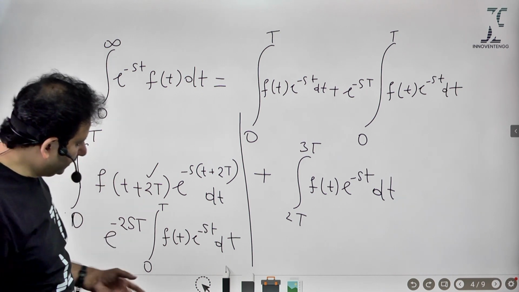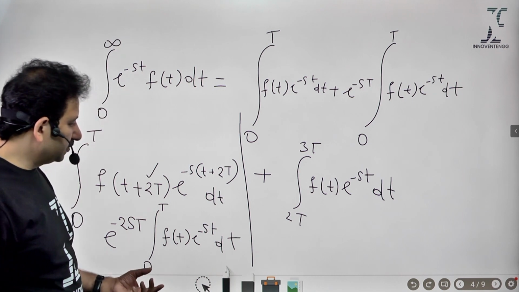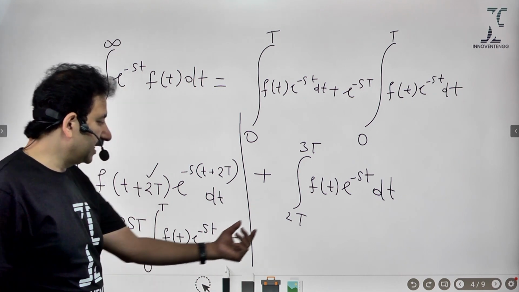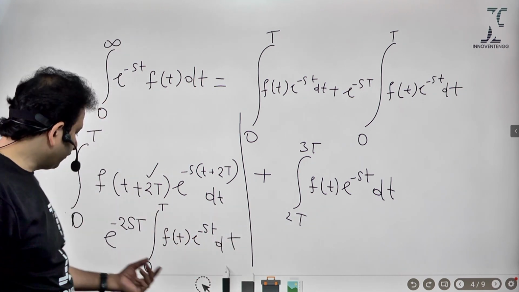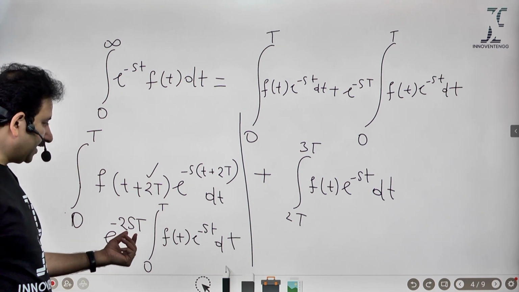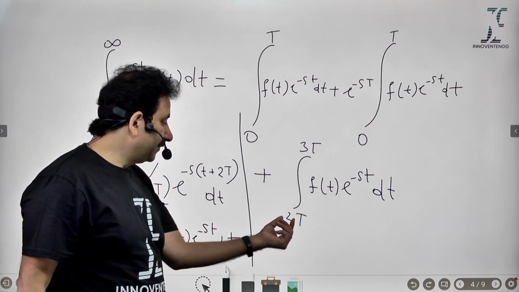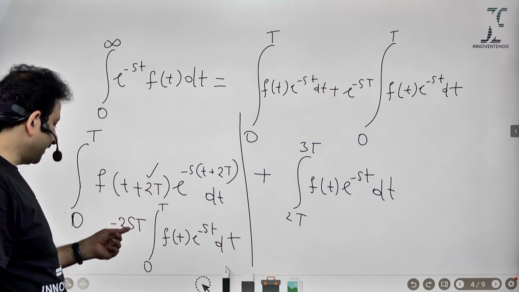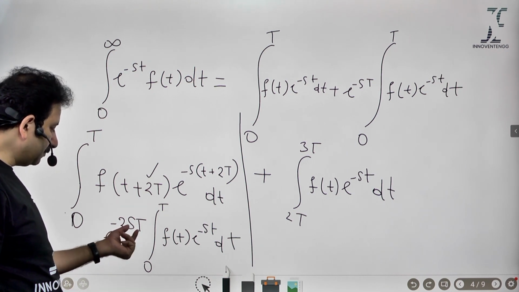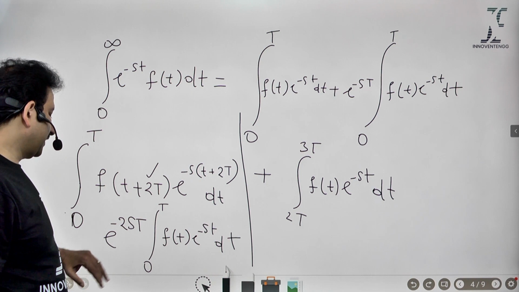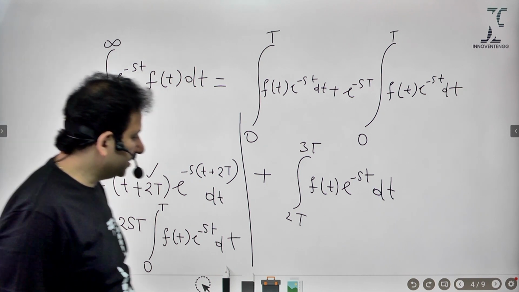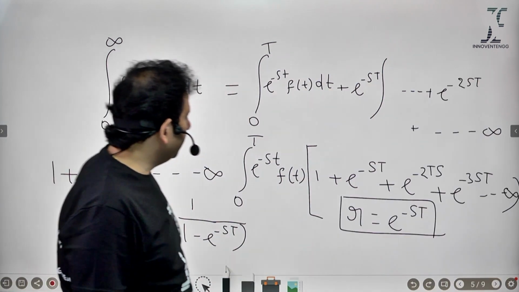Remember, this exactly goes with the lower limit, because when you shift by so many number of periods, the lower limit is becoming 0, and whatever coefficient you are getting, that has the lower limit multiplied by minus s. E power lower limit multiplied by minus s. So that is where you are getting the coefficient.